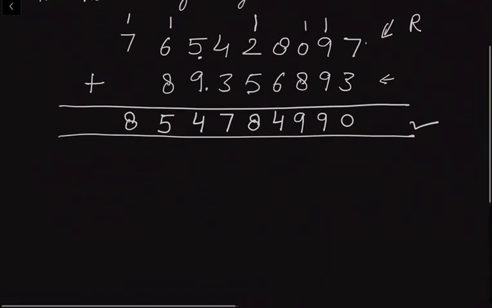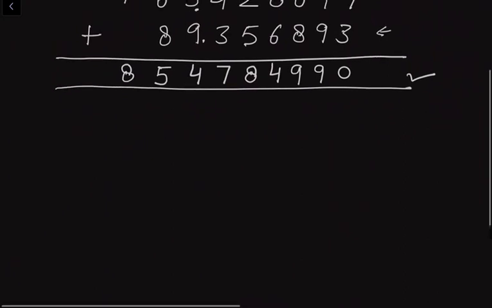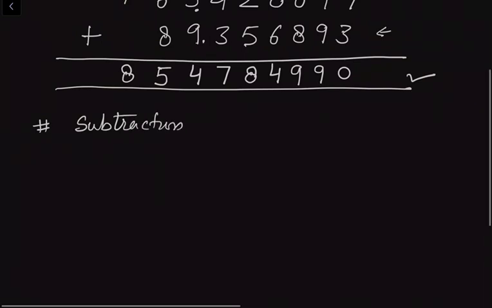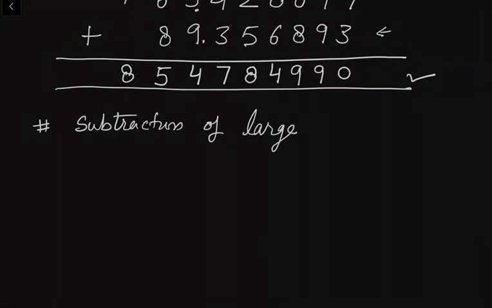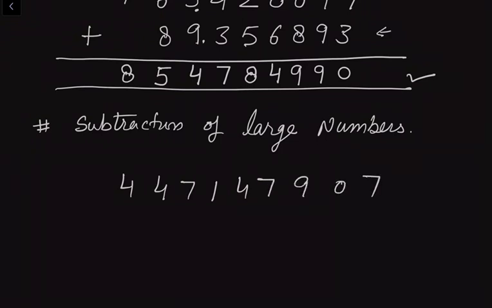And now we will do subtraction of large numbers. The number is 4 4 7 1 4 7 9 0 7.